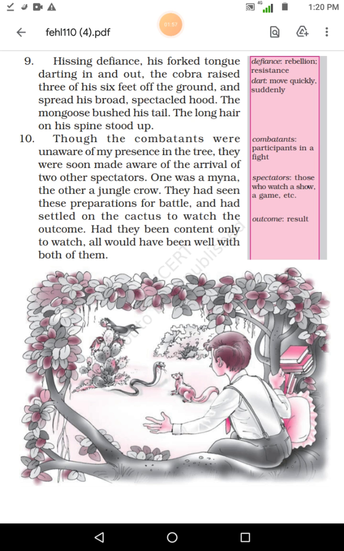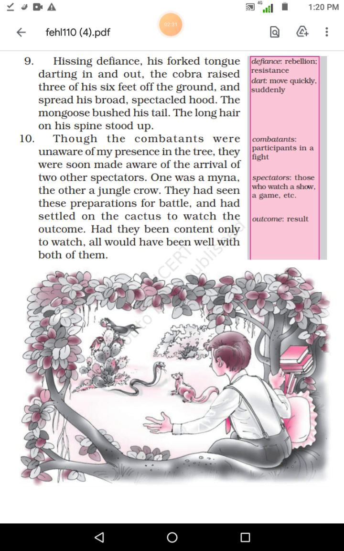We saw the snake, the black cobra, coming out from the cactus tree, and from the other side, from a thick bush, a mongoose also came there. Both of them met face to face. Yes, they met face to face.